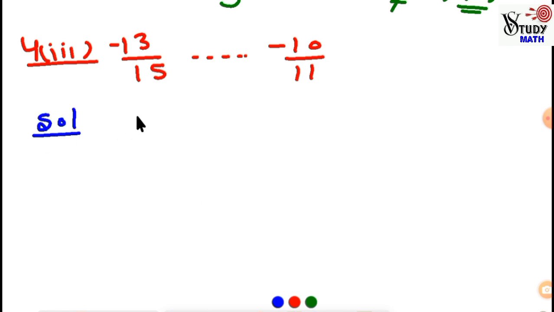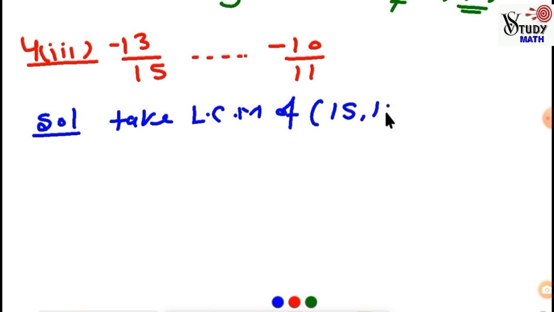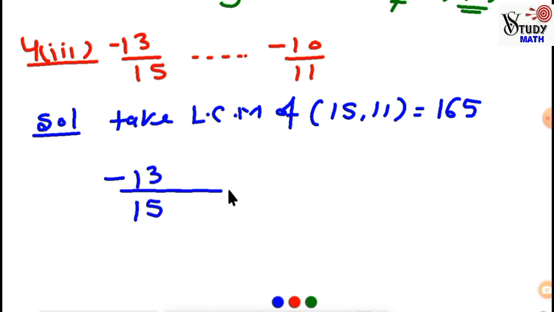Take the LCM of 15 and 11, that is 165. Now negative 13 upon 15, we have to convert this 15 into 165, so we are going to multiply by 11 here, and by 11 in the numerator also.